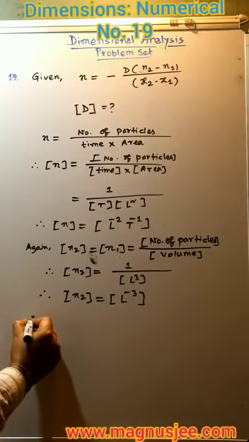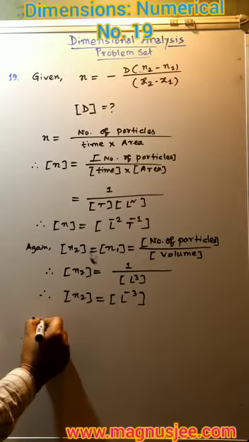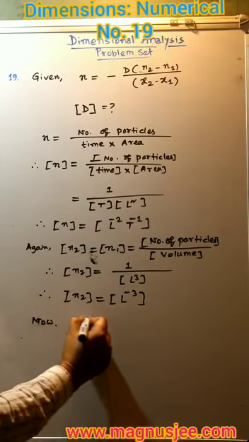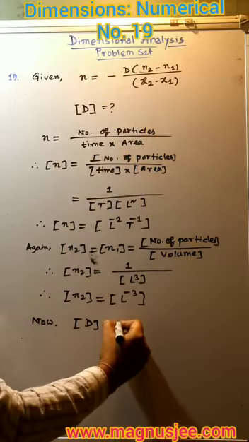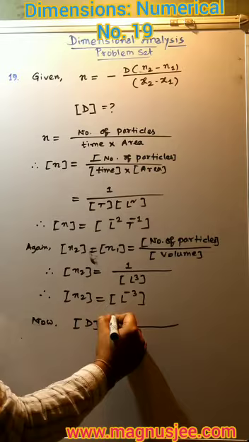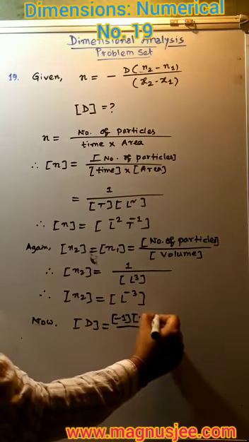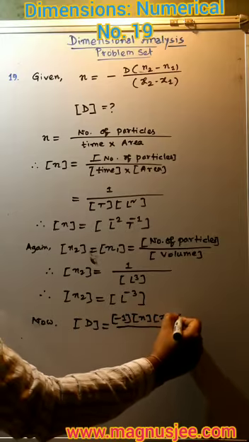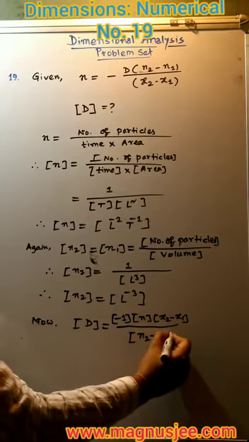So now find the dimension of D. What is the expression of the dimension of D from the given equation? Dimension of D is the dimension of minus 1 due to the negative sign, times the dimension of n, times the dimension of x2 minus x1, divided by the dimension of n2 minus n1.